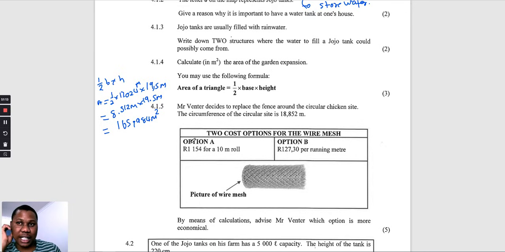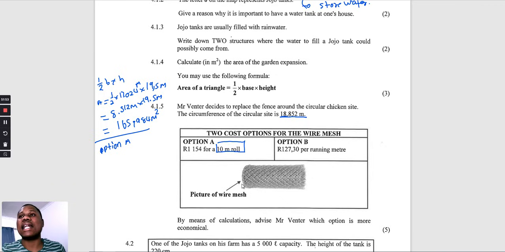So they're saying, by means of calculation, advise Mr. Venter which option is more economical. If they say the option that is more economical, it means the option that is going to be cheaper for him. So let's start with option A. They're only selling it with a 10 meter roll. The distance that he needs to fence is 18, so he cannot buy one 10 meter roll because he's not going to cover this.